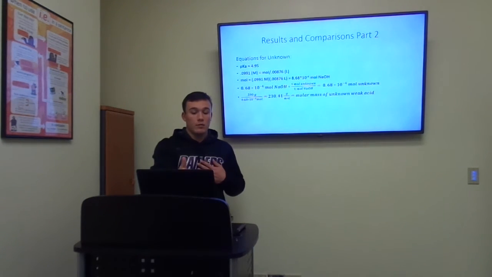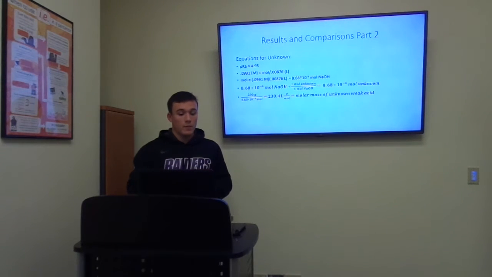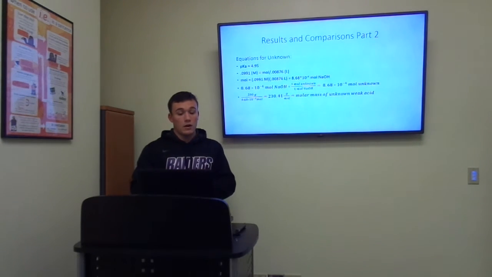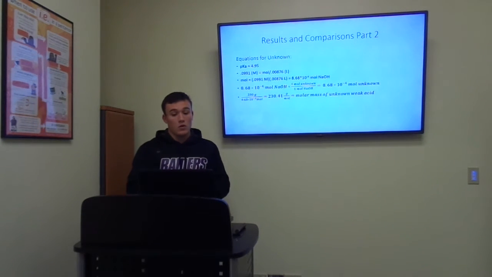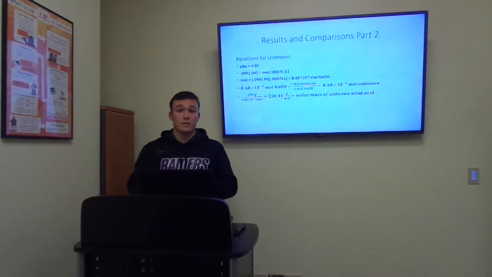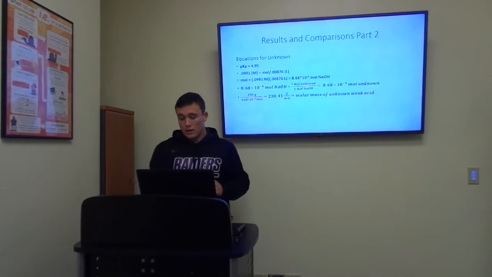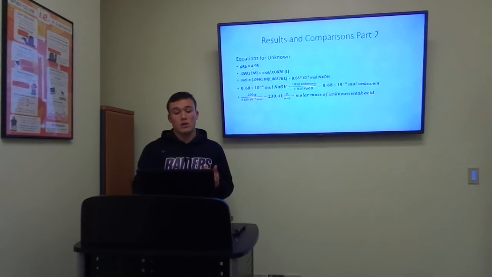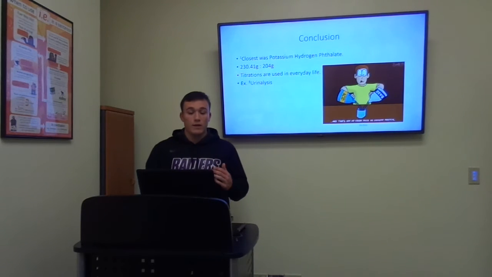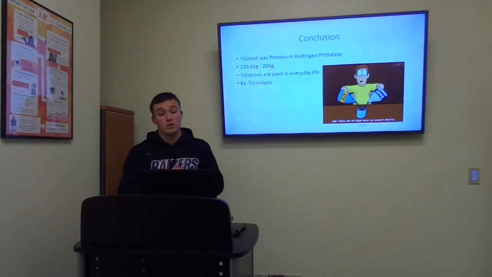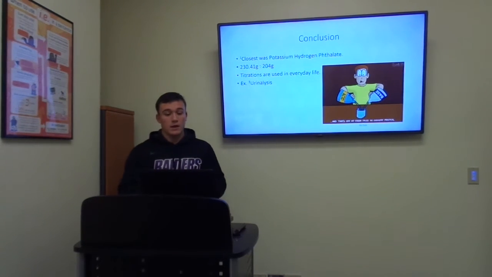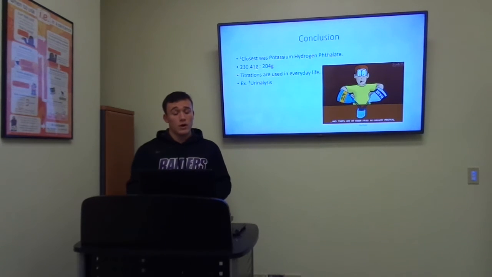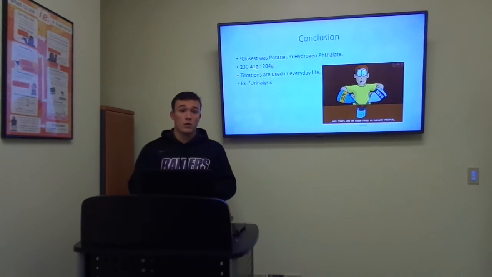Then we take our measured unknown mass and divide it by our moles of the unknown, which will give us the grams per mole, also known as the molar mass. And then going back to the Honors 160 manual, we found the closest was potassium hydrogen phthalate for our unknown acid, because what we got was 230.41 grams per mole and it was around 204 grams per mole.